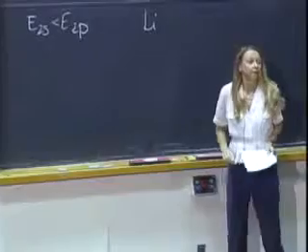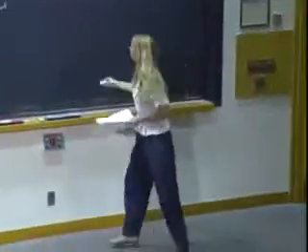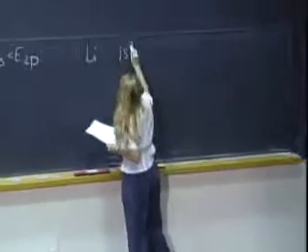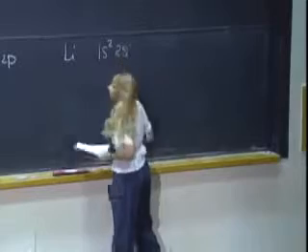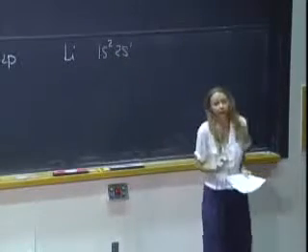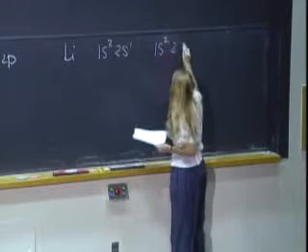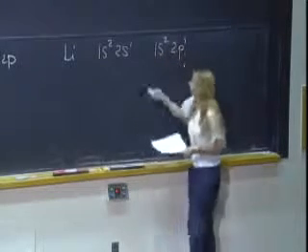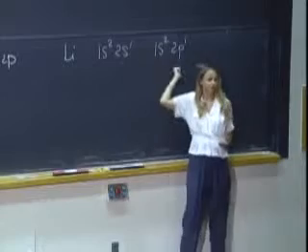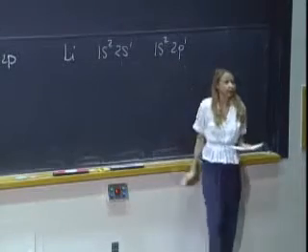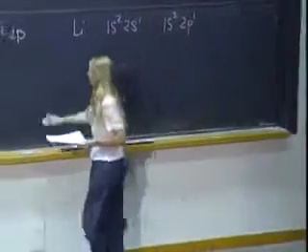The electron configuration of lithium is 1s2, 2s1. The electron configuration of lithium is not 1s2, 2p1. Why? Because 2s is lower in energy than 2p. But why is that the case?